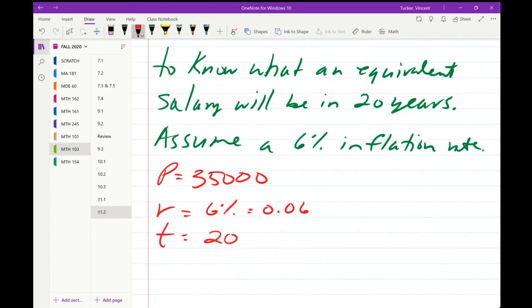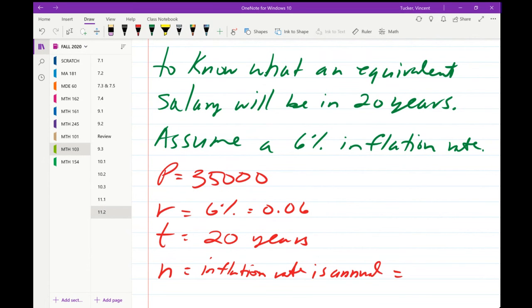So always start off with your givens. And then N, your inflation rate is annual. So that means N is equal to 1.